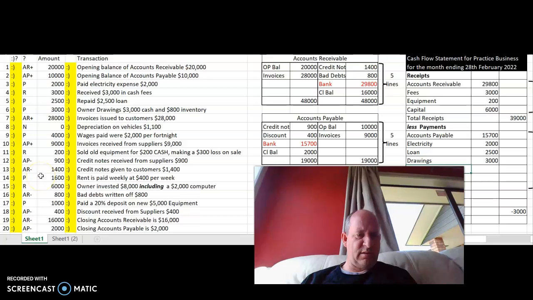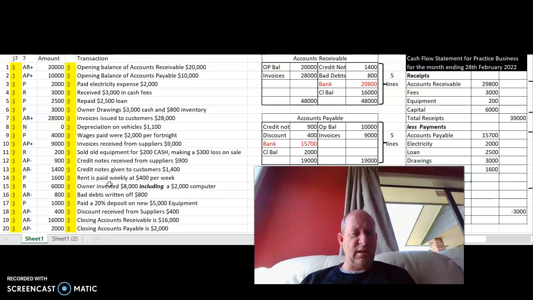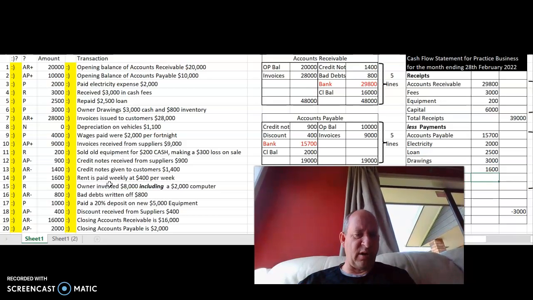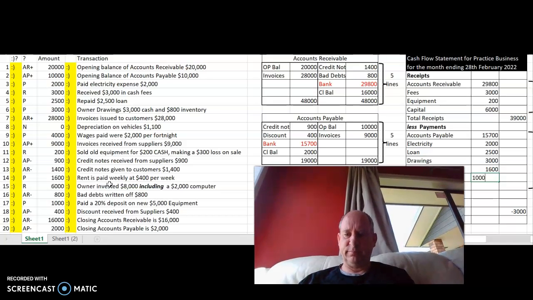Then we've got rent. And the last one here, I'm likely to write equipment, but it's quite good, and this is the only time I'll do it different, to put a deposit so that you know you only put part of it on, rather than paying for the whole equipment.